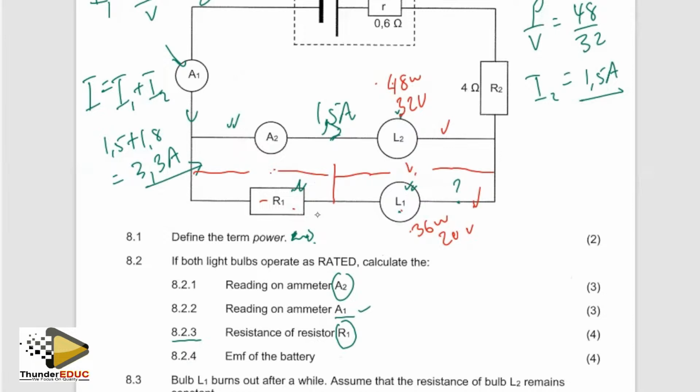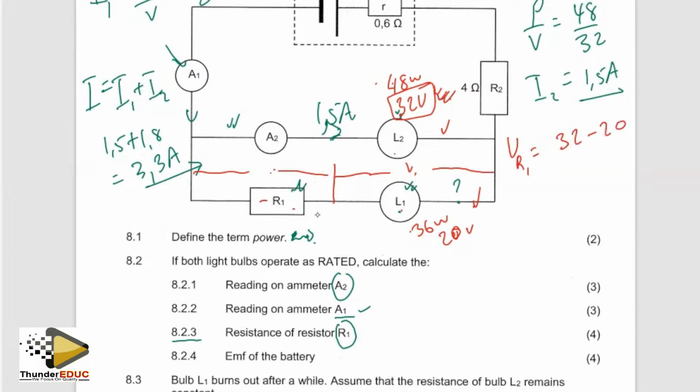Now, since L2 is the only resistor up here, and we know that the total voltage across is 32, the total voltage across this one must be 32. So I'll start by getting the voltage across R1, which is going to be 32 minus 20, because 32 is the biggest value.